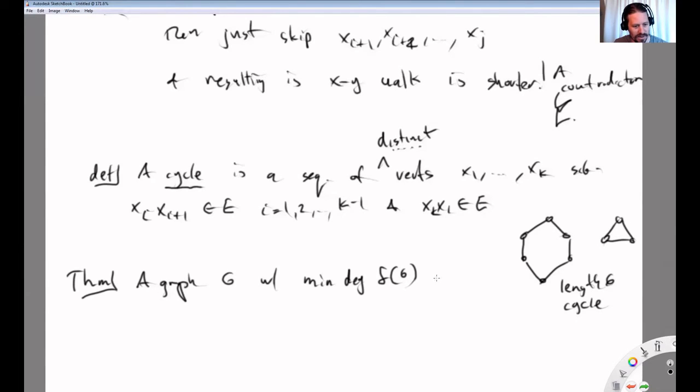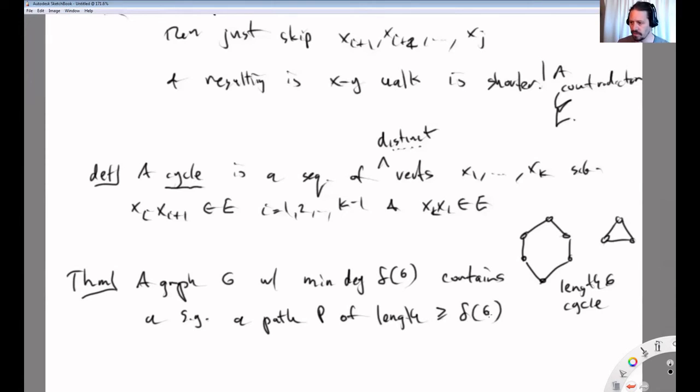So graph G, I'll even say it this way the first time, contains as a subgraph a path P of length at least the minimum degree. So you can always get a path of at least the minimum degree. If every vertex has degree 10, you'll find a path with 10 edges, no repeats.